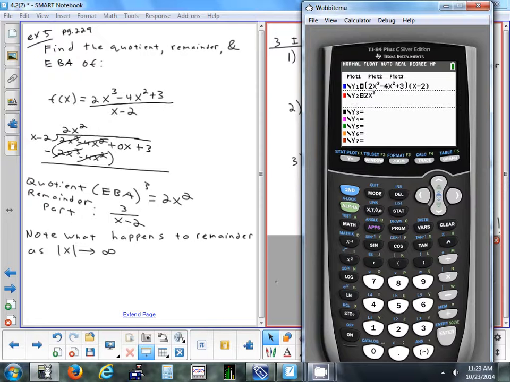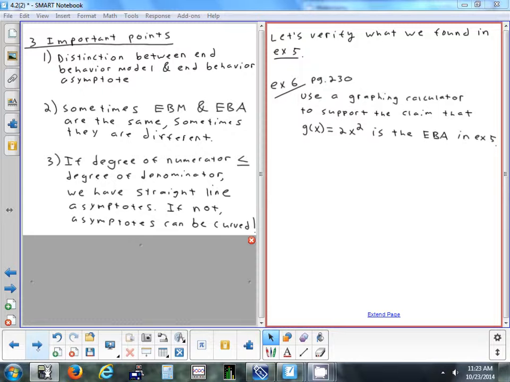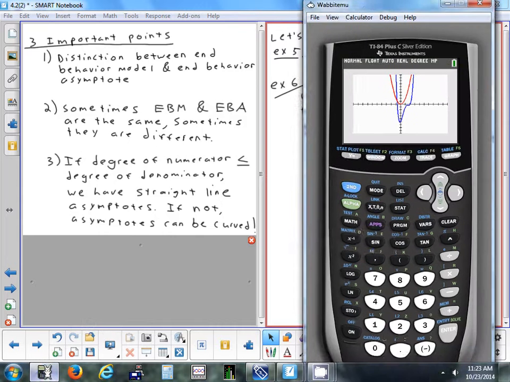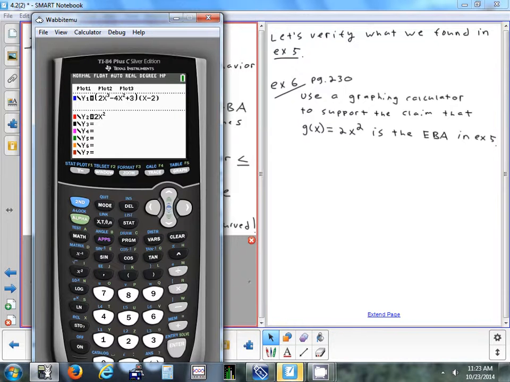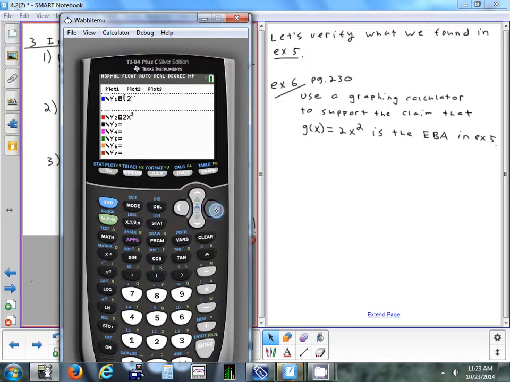Let's start off with a standard window. What's in red is the end behavior asymptote, and what's in blue is our actual function. Let me double check I typed everything in. Yes, thank you, I forgot the division.